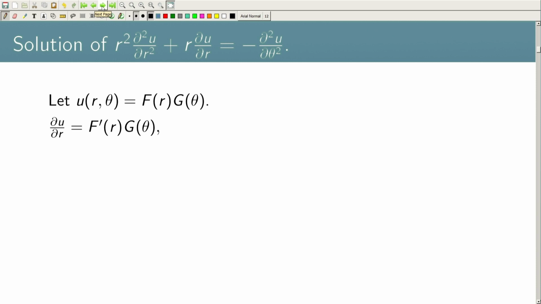The second derivative with respect to r gives f double prime of r times g of theta. Similarly, if we take the derivative with respect to theta, f is not affected, and the derivative is transferred to g.